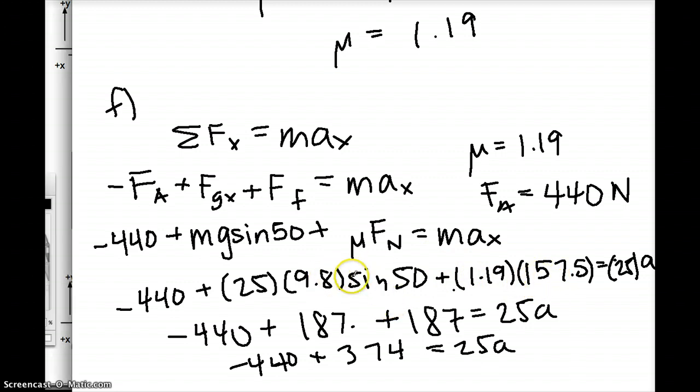If I plug in these numbers, I don't get exactly the same thing, even though I know I should. So I'm actually going to leave it to 3 sig figs for now, and I add those two together to get 347. I'm going to now subtract 440 from that.